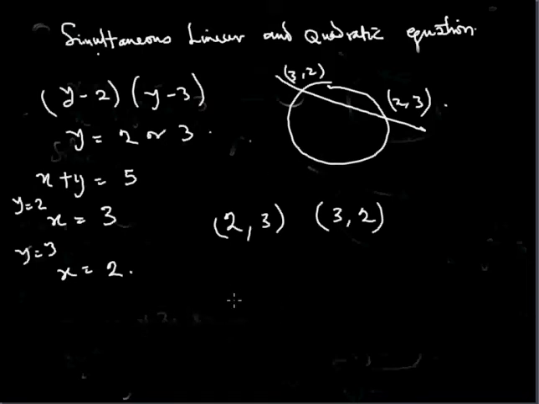Another equation that we can have, which is a little bit less easy, is when we have equations like 3x plus 2y is equal to 10, and x squared minus xy plus y squared is equal to 21.